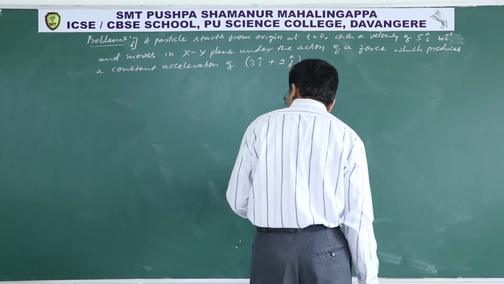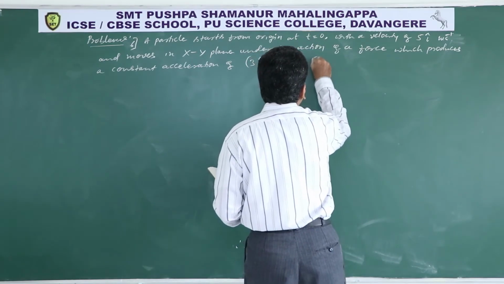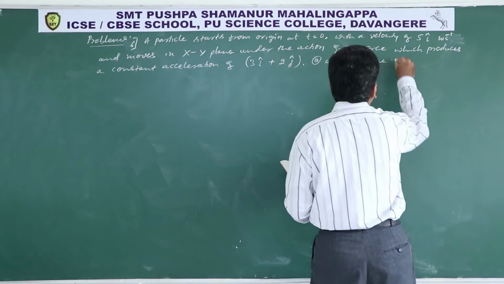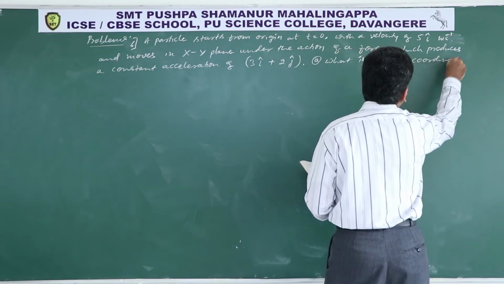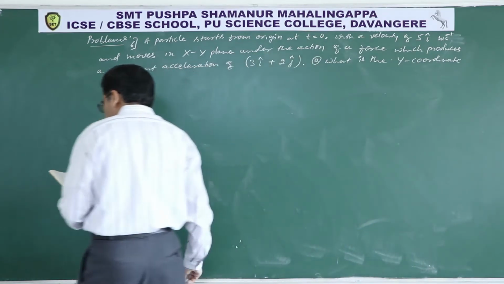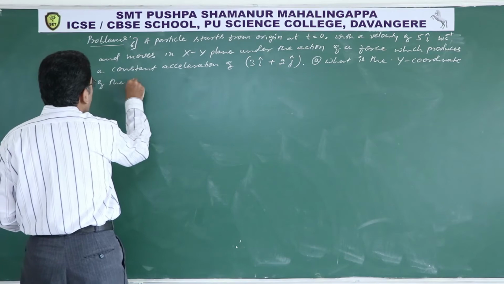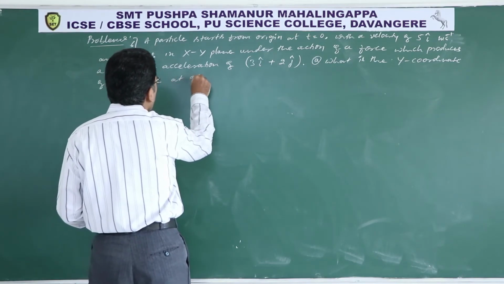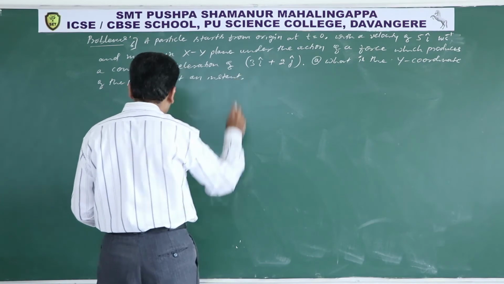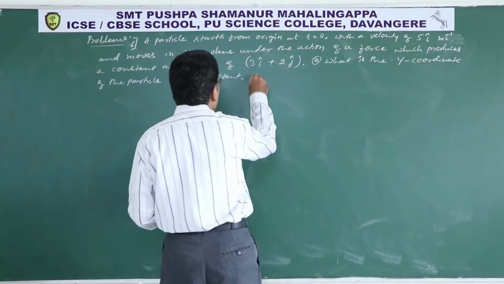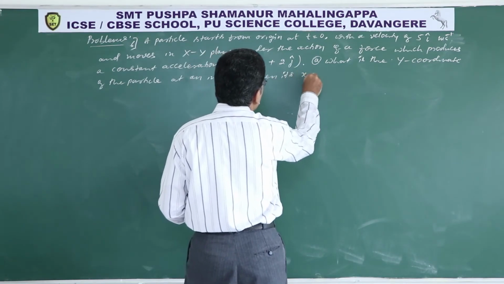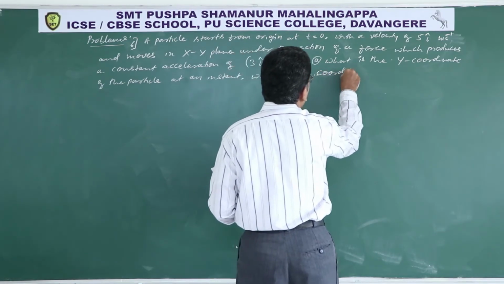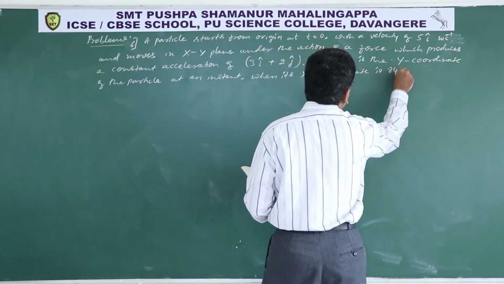What is the y coordinate of the particle at an instant when its x coordinate is 84 meter?